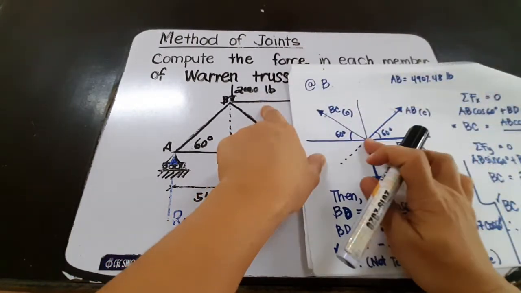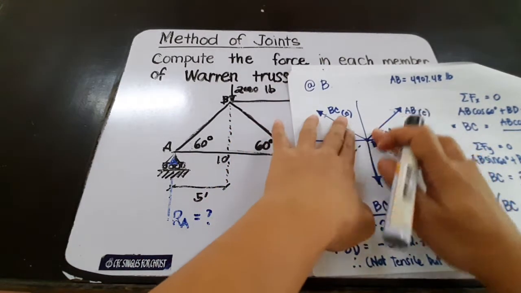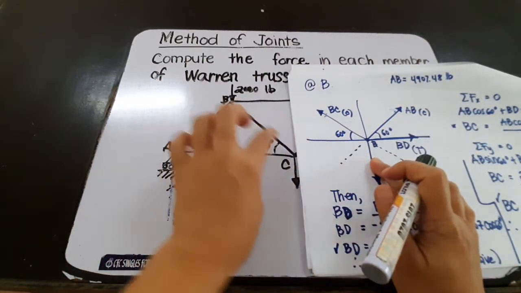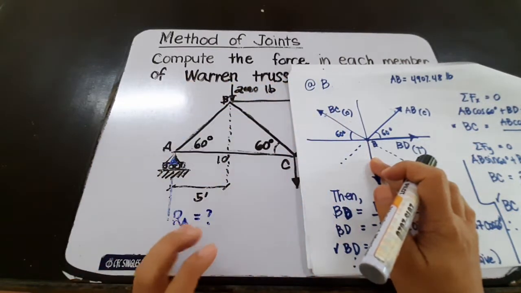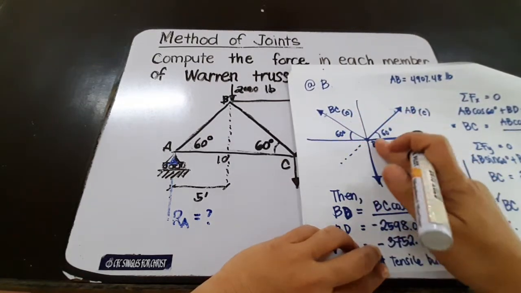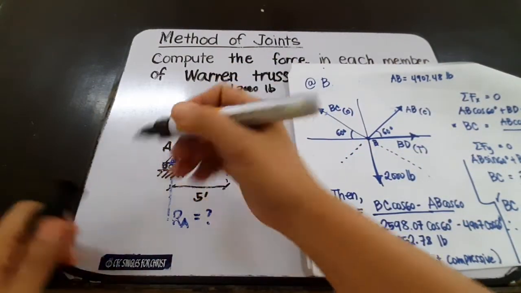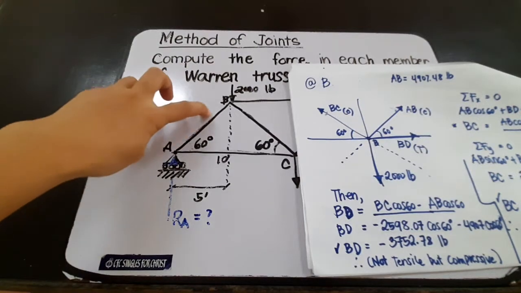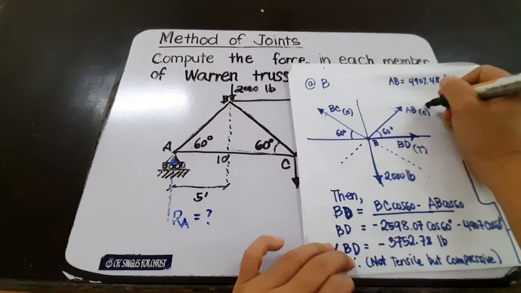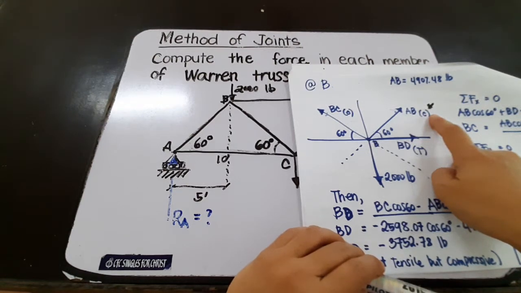We assume a tensile force at member BD, and by looking at this, we can assume also that member BC is a compressive force. So these are all assumptions, but the important thing is that we have solved for the direction of AB earlier. So it should be a compressive force, and this should be the starting assumption of your free body diagram.